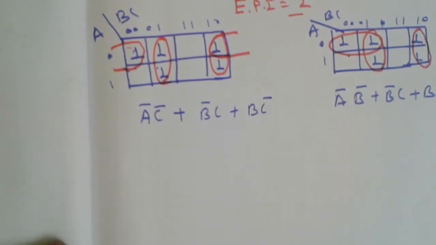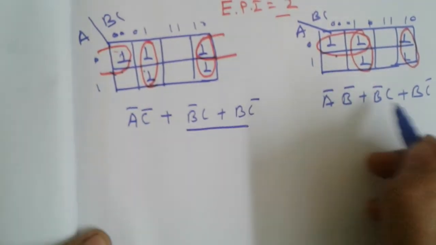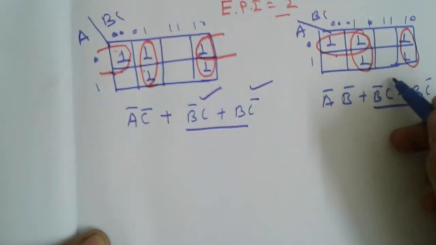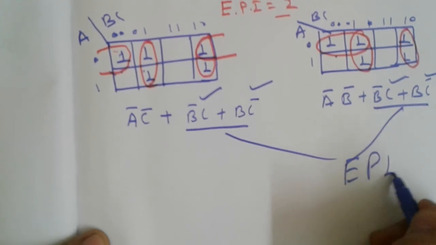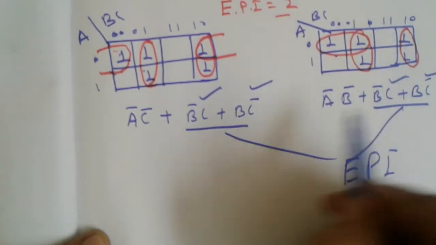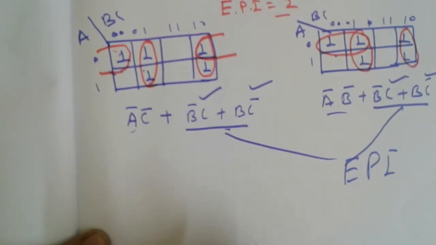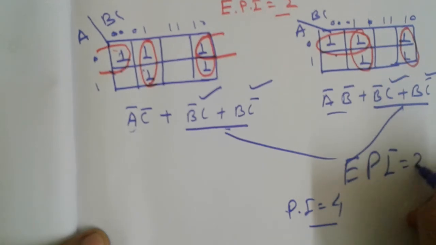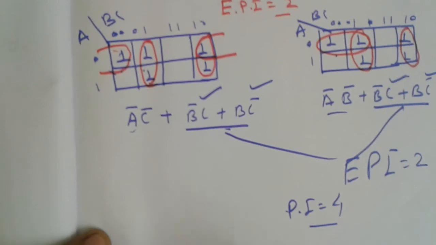So as I have said, the term which is common in these, this and this are common, so these two are essential prime implicants. And we have four different terms like this and this, 2 and 3, 4. So we have four prime implicants and two essential prime implicants, so we can calculate it by this also.